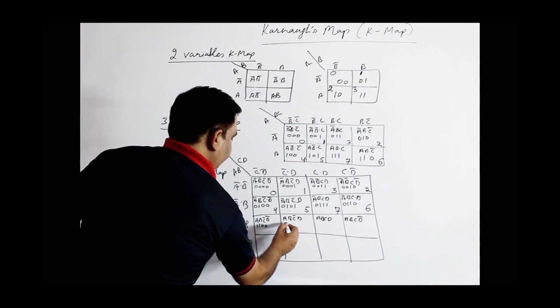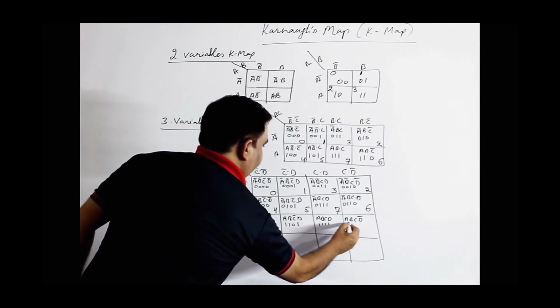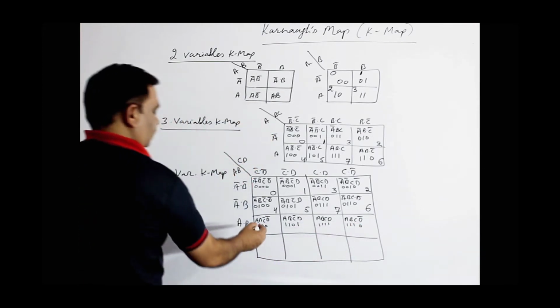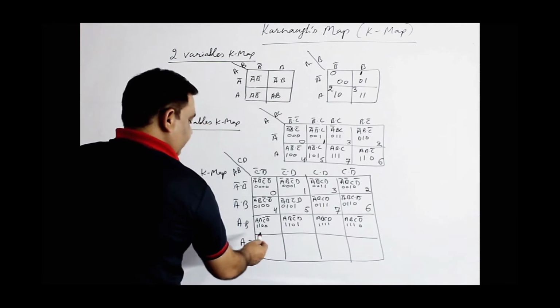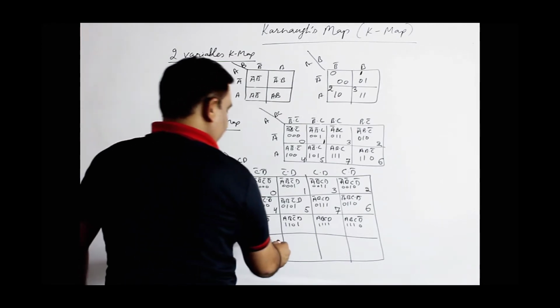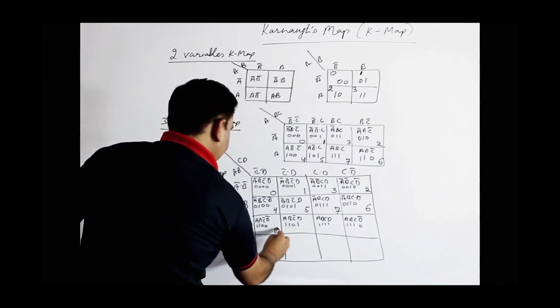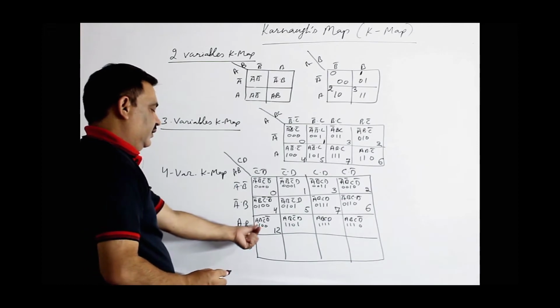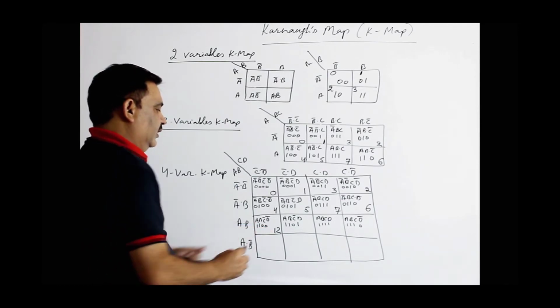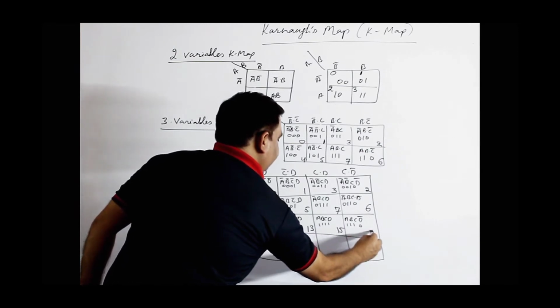Here you have to write 1, 1, 0, 1, 1, 1, 1, 1, 1, 1, 1, 0. So, designation you can easily write here, designation will be 12. 1, 1, 0, 0 is the binary of 12, and it is 13, and it is 15, and it is 14.